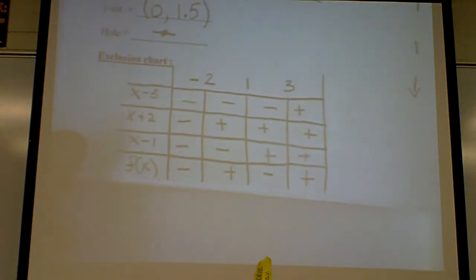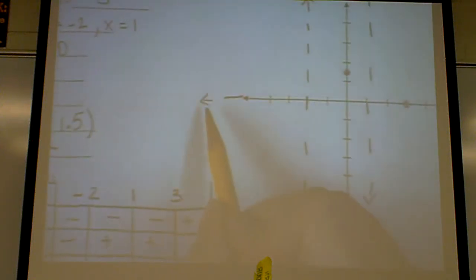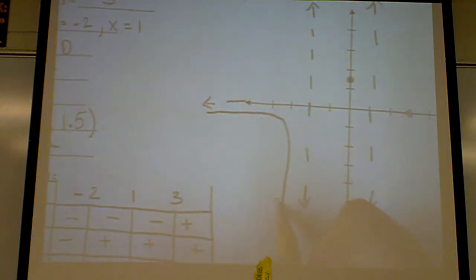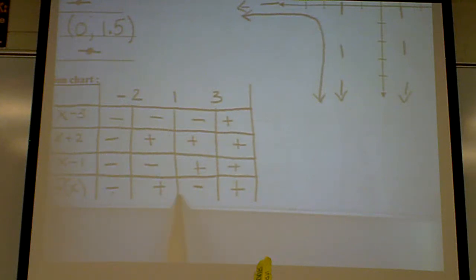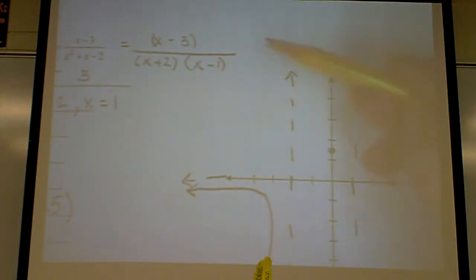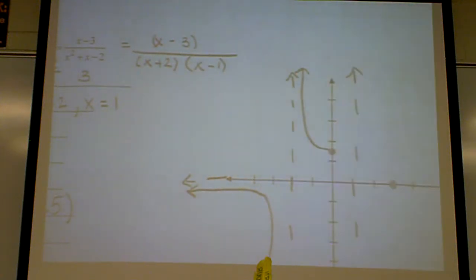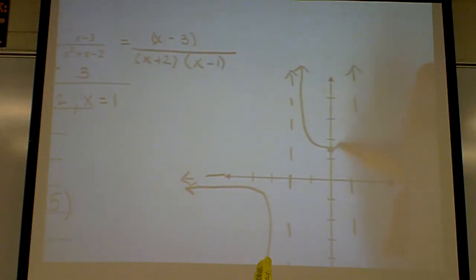So let's draw our graph. We have from negative infinity to -2, it's negative. So that's in this region right here. From -2 to 1, it is positive. It's over here, and we have to make sure we touch our y-intercept. From 1, go back up.